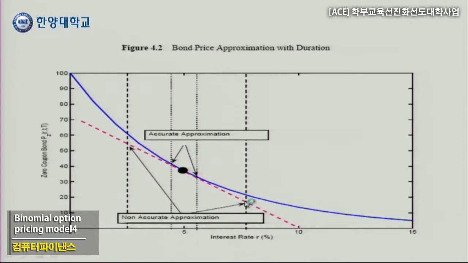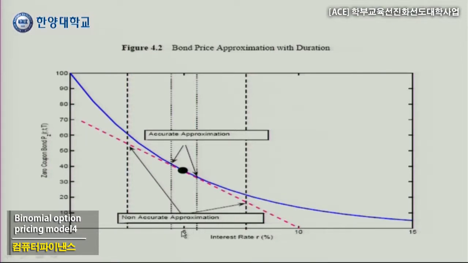But that is actually too much. In reality, the price goes down only this part. So when interest goes up, if we don't adjust for convexity, we overestimate the price change. Therefore, we undervalue the bond.